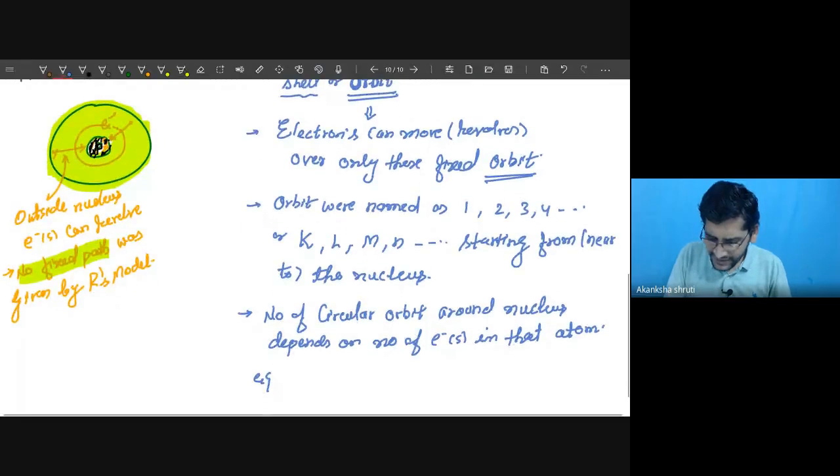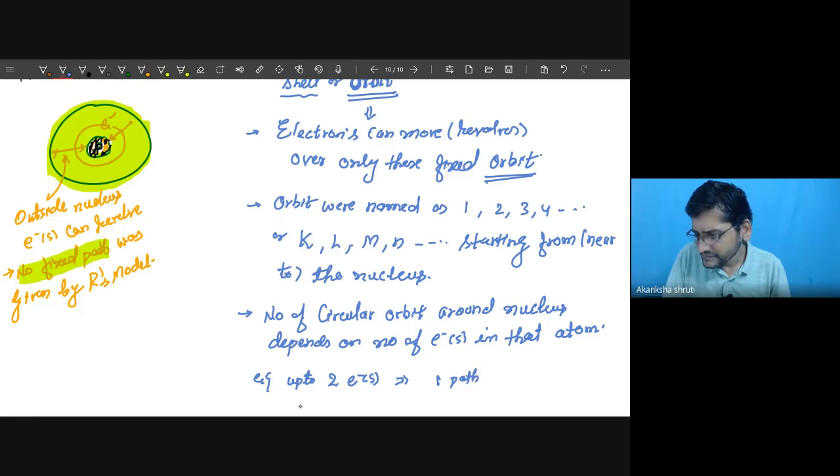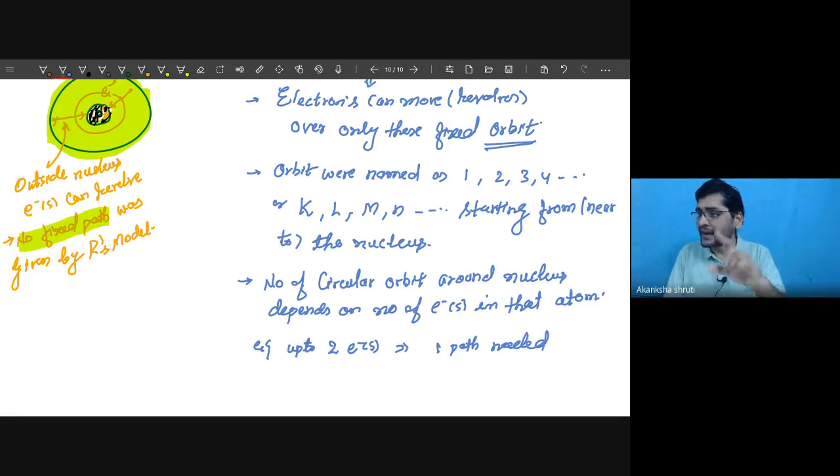Example, if the atom has up to 2 electrons, then only one path is needed. Atoms with up to 2 electrons are hydrogen and helium. So they have only one path.